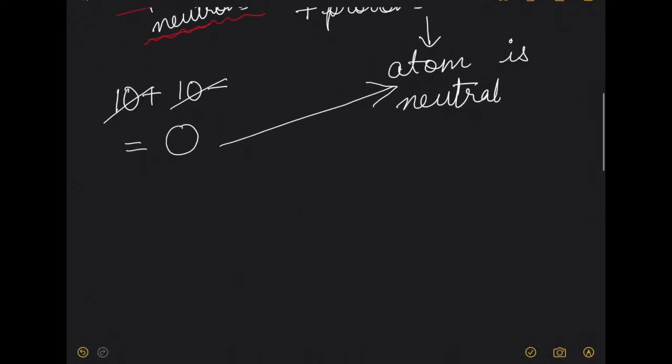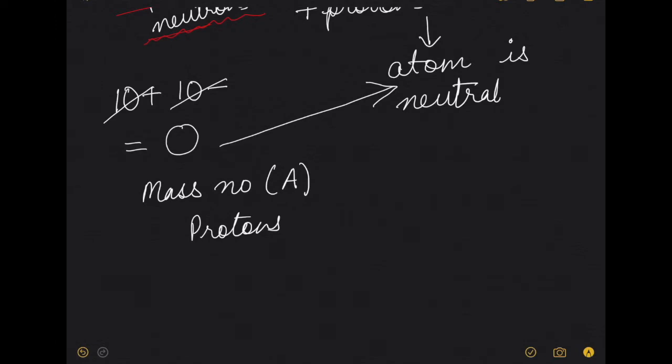Now next we are going to talk about mass number, which is written as a capital A. Now, what is mass number? Mass number is the total number of protons and neutrons that you find in the nucleus of an atom.